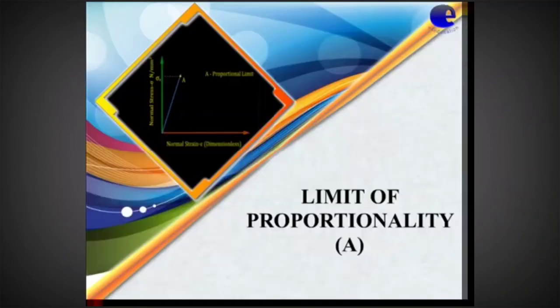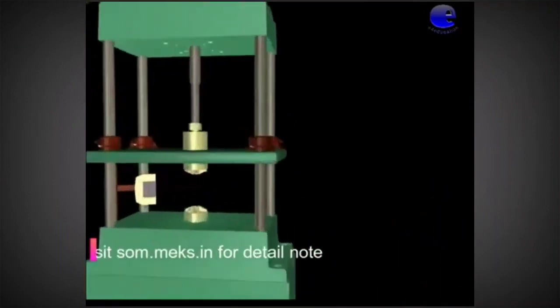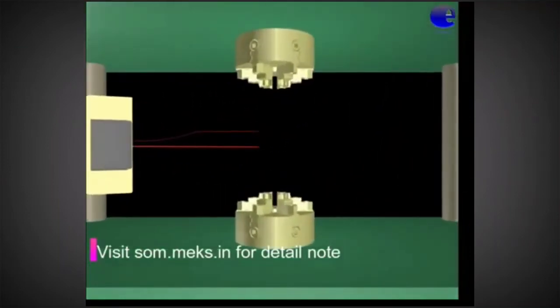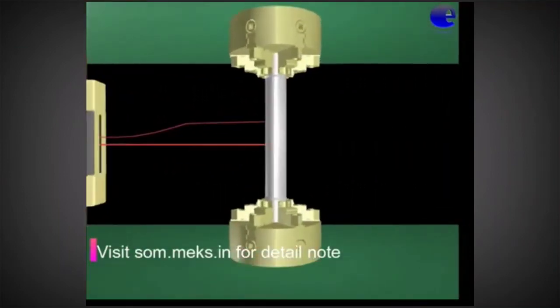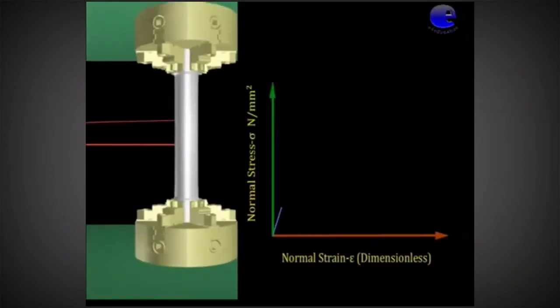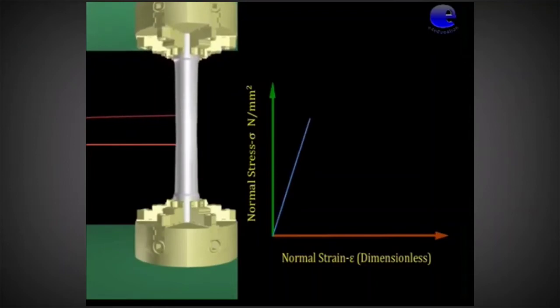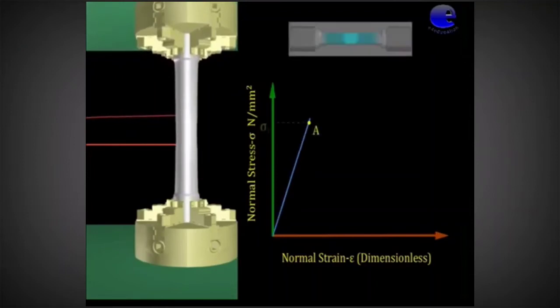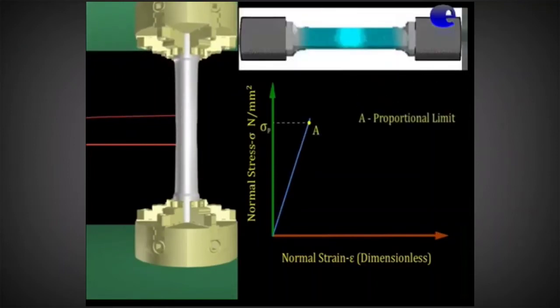Limit of proportionality. The stress-strain curve is a straight line from O up to a point A. The point A is known as the proportional limit. Beyond this point A, the stress is no longer proportional to the strain.